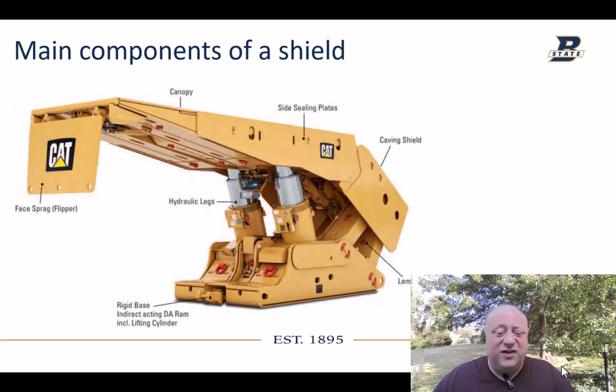You also have the hydraulic legs, which you can calculate setting and yield pressures for, and also the rigid base and the double acting ram in the front, the push ram system. So you have all of those pieces, and what we're going to do is determine the load that's applied to the top of the shield and where that load is on the canopy. Okay.